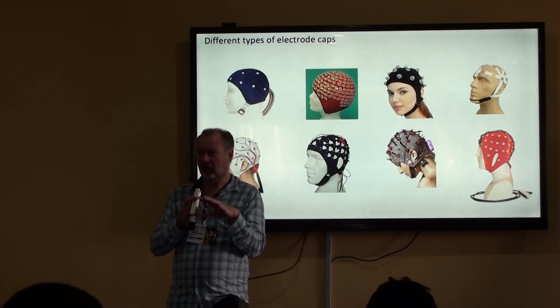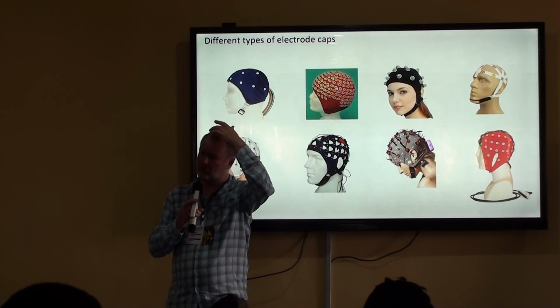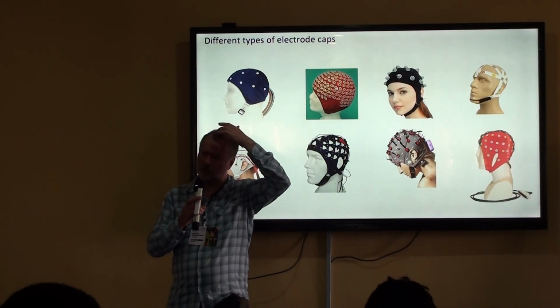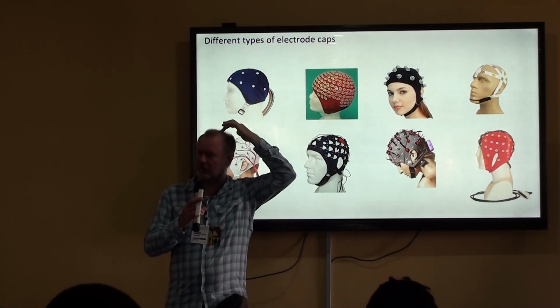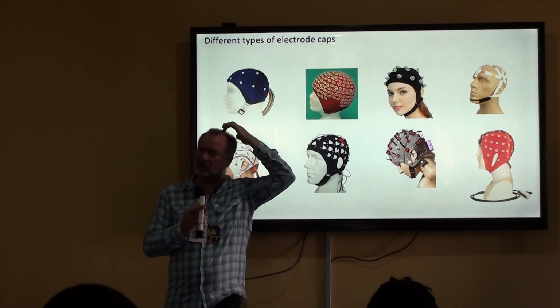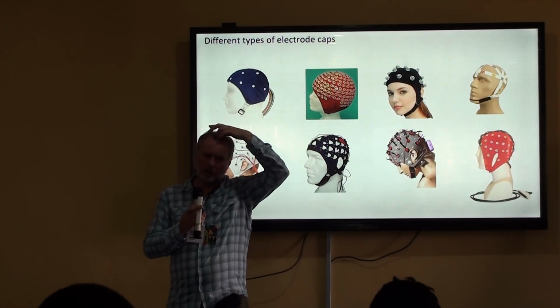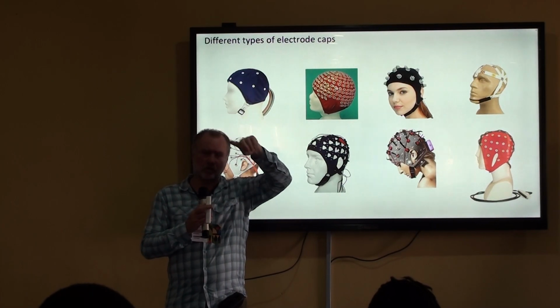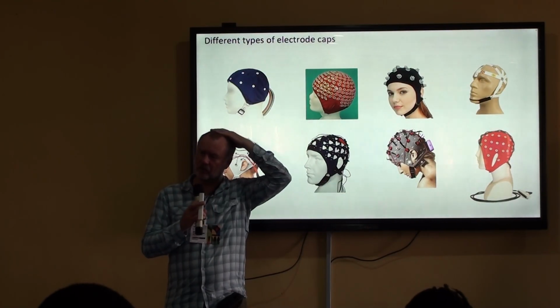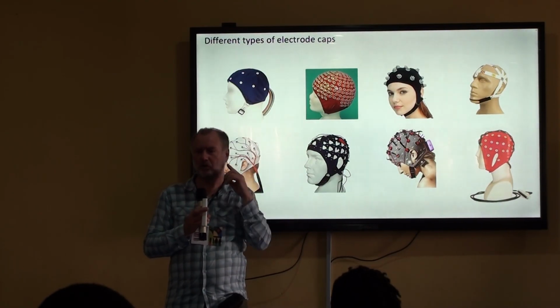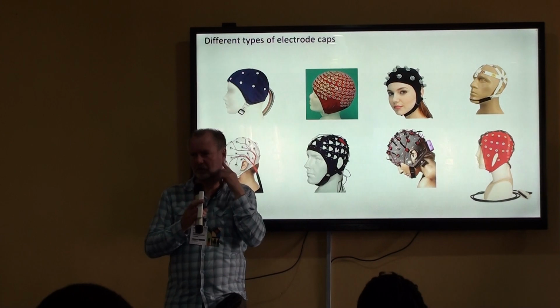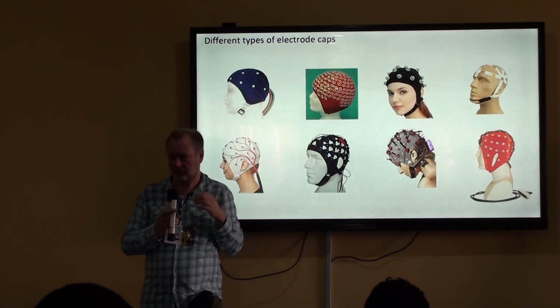I've not used that EEG system myself, but if I recall correctly, it uses one of the electrodes over here as the ground, and it uses Cz as a reference. So that system does not use other electrodes than the ones that are in the cap. But for example, the g.tec system that I've brought, the g.tec Nautilus, uses two stickers behind the ears for the ground and the reference. Thank you.